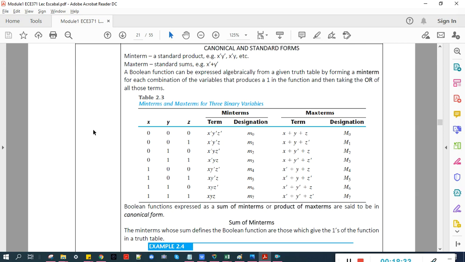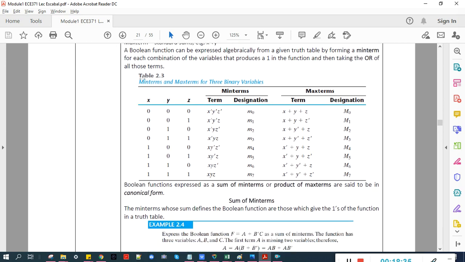Let's try to check the table. Table 2.3, this is the mean terms and max terms for 3 binary variables. So if we have 3 inputs, 3 binary variables, x, y, z, the mean terms are, there are 8.